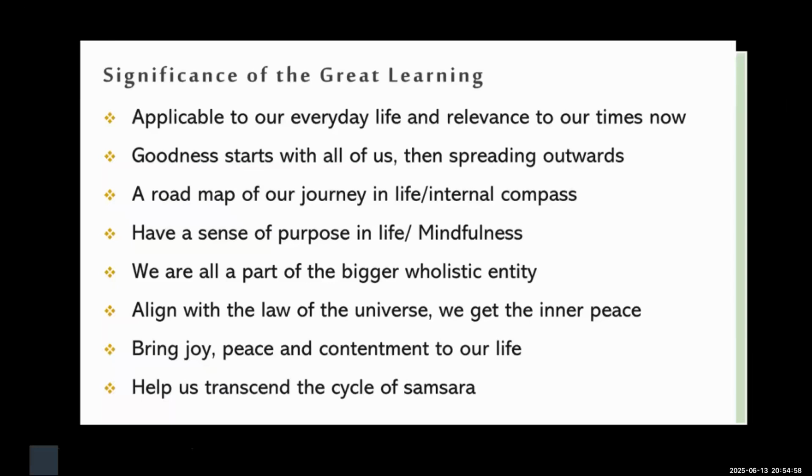So when everyone is virtuous and progressing, then we are definitely going to have a very progressive society that's on the path of prosperity and ever growth. And this is the Great Learning. It's also like a roadmap of our journey in life.